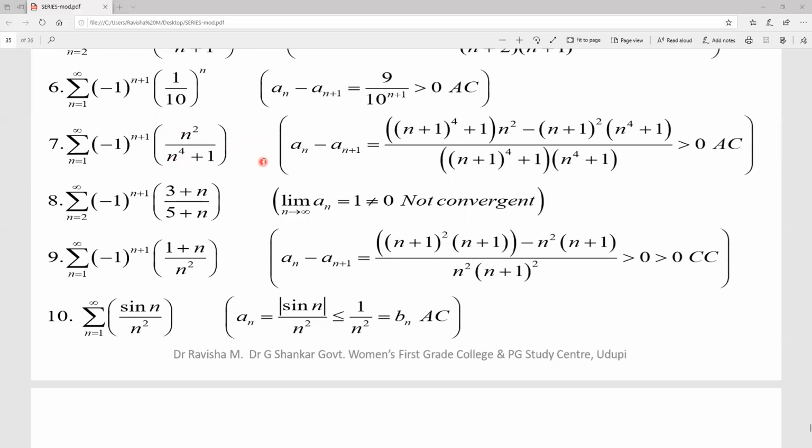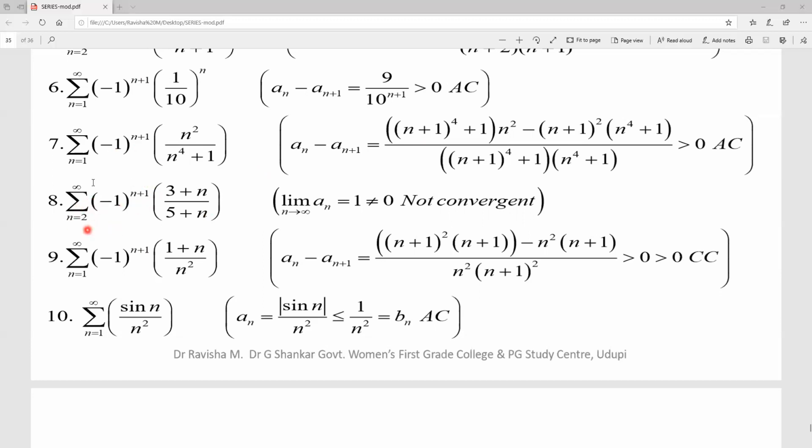The corresponding series is a p-series with p equal to 2, which is greater than 1. Therefore, the series is convergent. If the absolute series is convergent, you can conclude that the given alternating series is absolutely convergent.